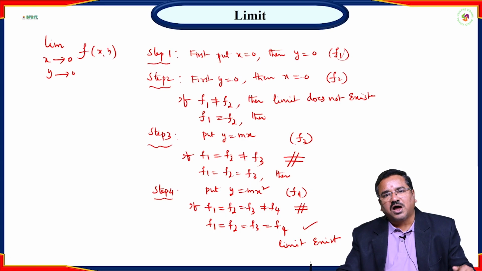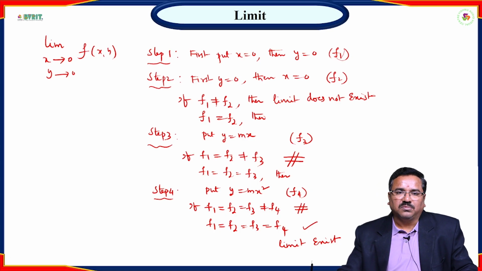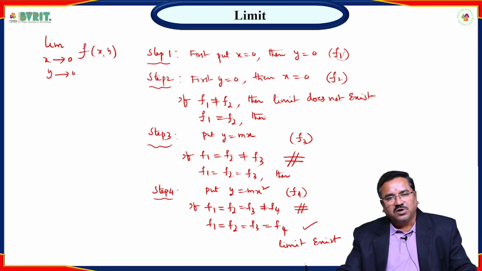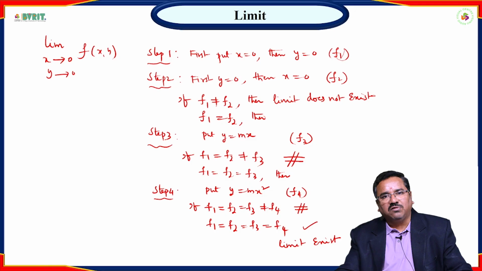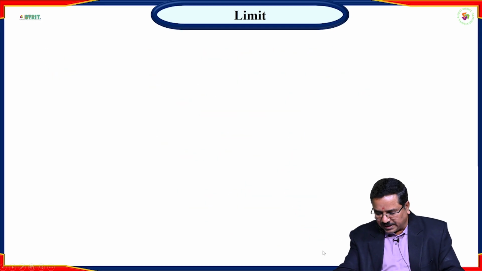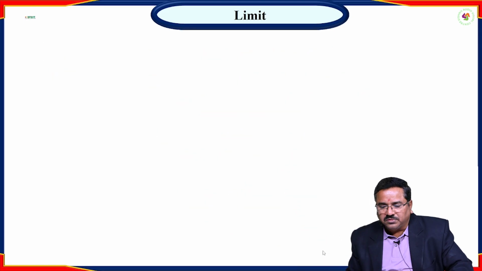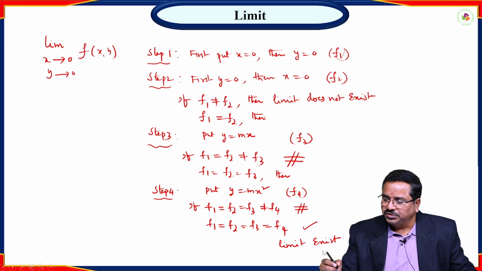What is step 3? Along y equals mx, you have to compute. That answer is f3. Again, if f1 equals f2 but is not equal to f3, the limit does not exist. If equal, we go to the next step. What does this mean?